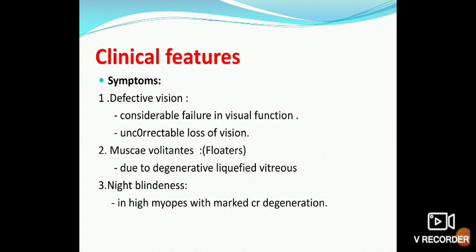The degeneration or liquefaction of vitreous casts its shadow on the retina, and this is responsible for these floaters. Another symptom that may be seen in high myopia or pathological myopia is night blindness, usually seen in highly progressed myopia with marked chorioretinal degeneration.